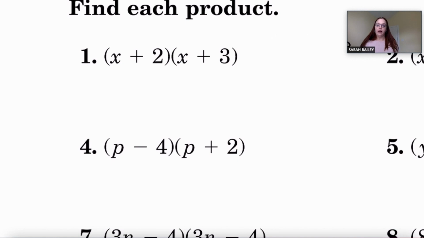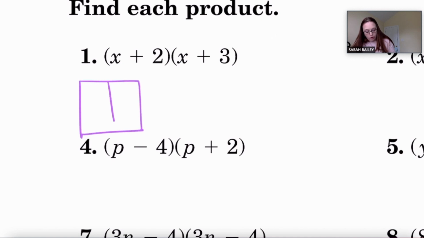So I'm going to look at number one, the quantity x plus 2 times the quantity x plus 3. We're going to do the box method. I'm going to draw a box, and I'm making a 2 by 2 box because there are two terms here and two terms here.